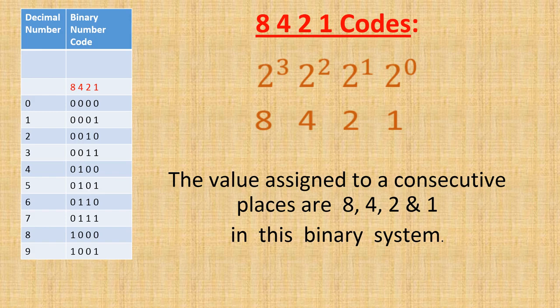After simplifying these values, the weight comes to 1, 2, 4, 8 and so on. That's why it is named as 8421 system for 4 bits. And because the significance of the system is weight, it is classified as weighted code system.